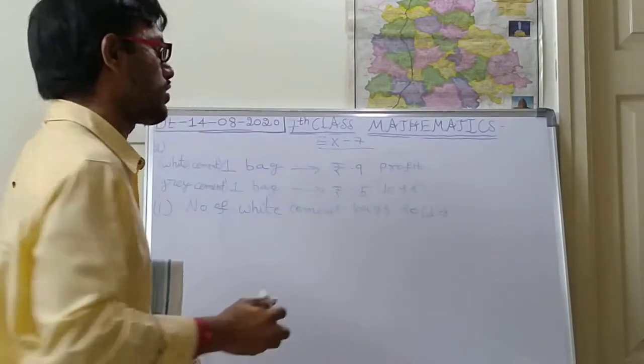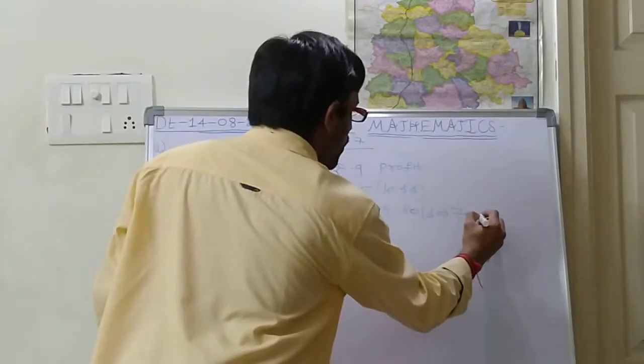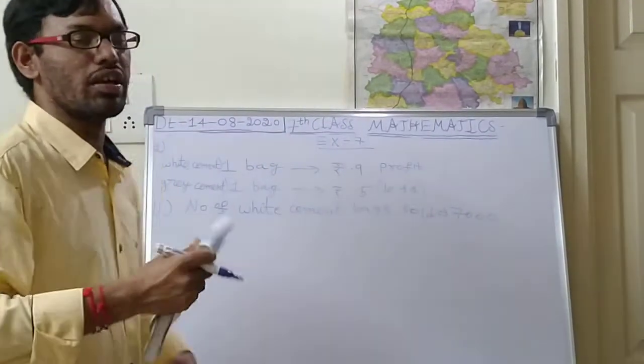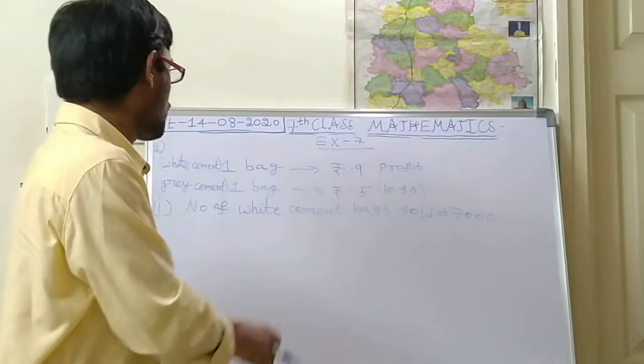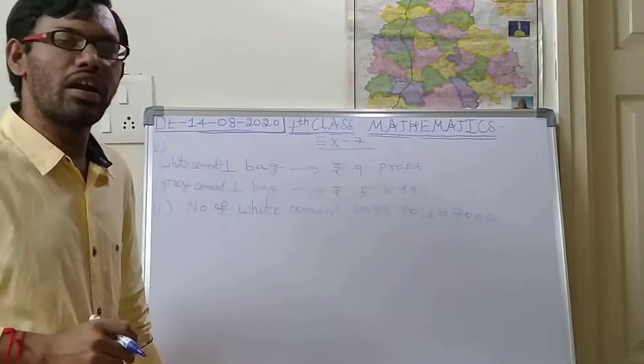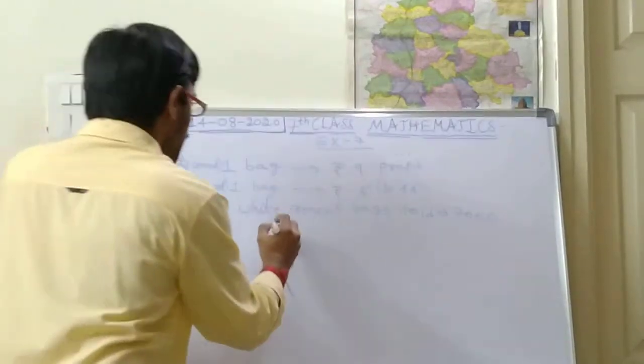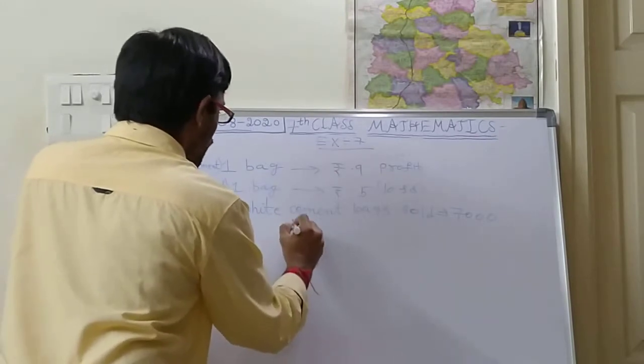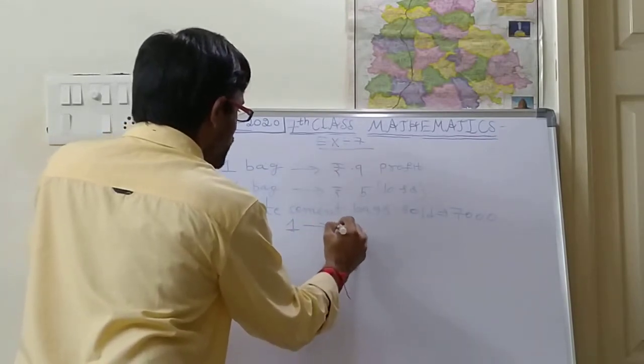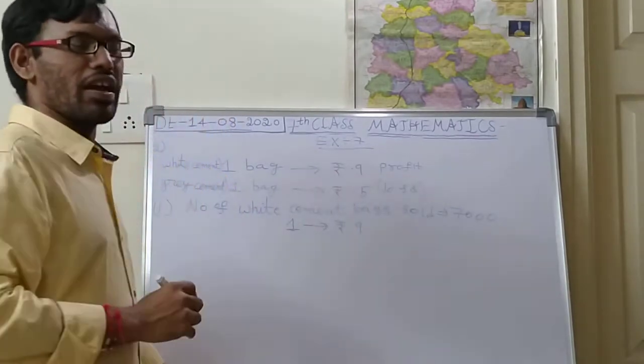How many bags did they sell? 7,000. For each bag they got 9 rupees profit. So for one bag, rupees 9 as a profit.